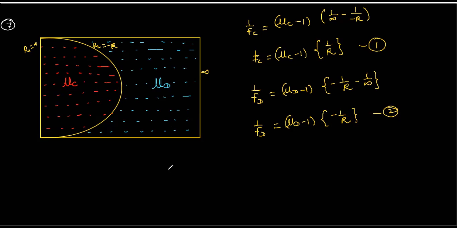So if I want power, 1 by f net is equal to 1 by fc plus 1 by fd, which is equal to P net, and that is equal to (mu c minus mu d) by R. If we do this from equation 1 and 2, we will get the same answer.